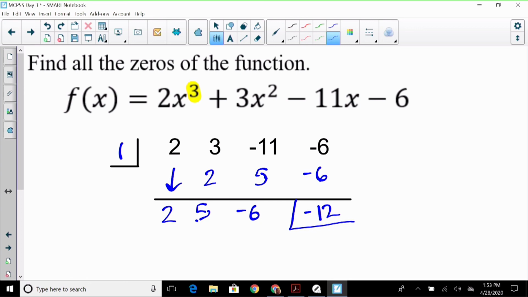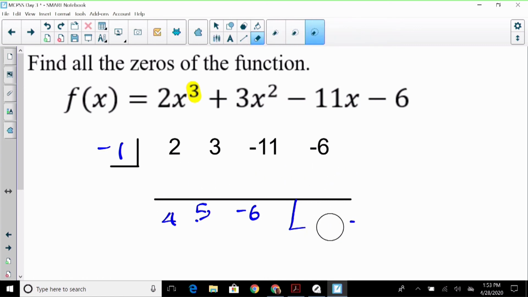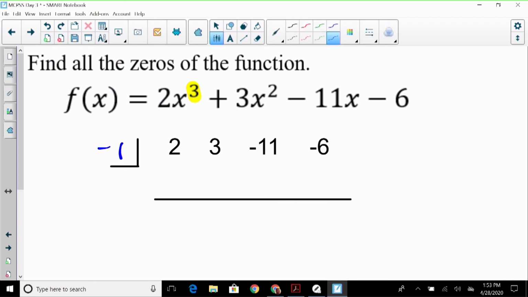What about negative 1? Negative 1, bring 2 down. 2 times negative 1. Add these. 1 times negative 1.